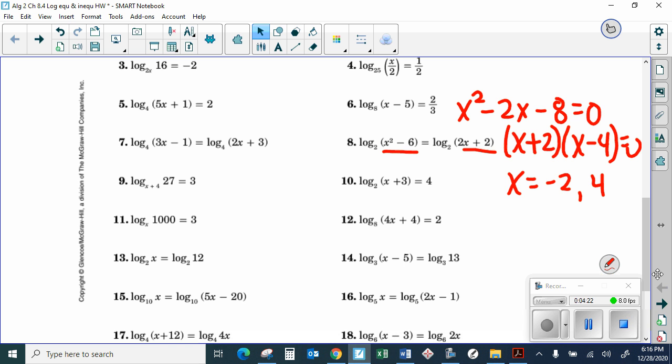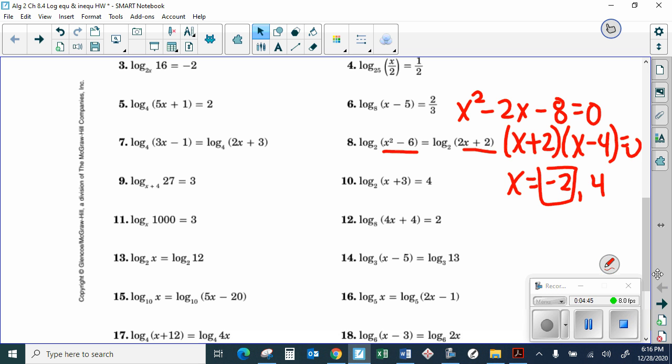Now I have to check again to make sure that I'm going to get a positive answer in both of these. When I plug in negative 2, I get negative 2 minus 6, which is negative 8, hmm, and negative 2 plus 2 is 0. Okay? Again, can't have negative there.